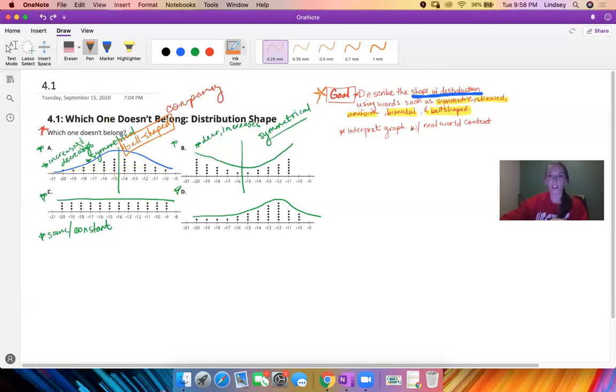Okay, so there's one of the little things, bell-shaped, symmetric. So they're symmetric again, but this one's a little different. It almost looks like the opposite of a bell curve, but that's not what it's called. This one has two tall points at the top, on each side.